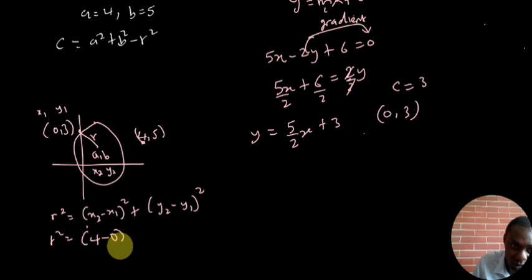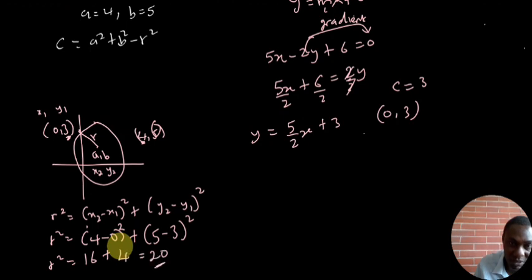So I'm going to square that, plus y2, which is 5, minus y1, which is 3, all squared. So r squared is going to be equal to 4 minus 0, that's 4 squared, that's 16, plus 5 minus 3, that's 2. 2 squared is going to be 4. So r squared is 20. I'm going to leave that at that point.